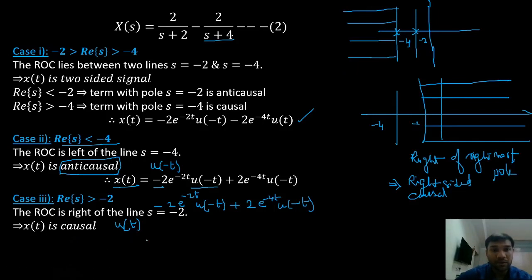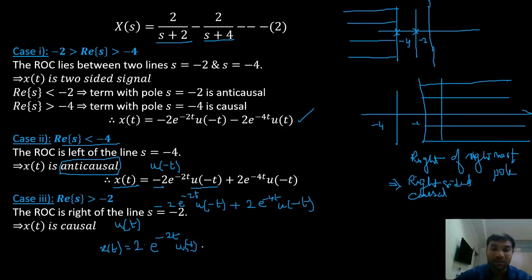X of t is going to be, for the first term here, 2 is a constant, and the inverse Laplace transform of 1 by s plus 2, since it is causal, is going to be e power minus 2t into u of t, right?